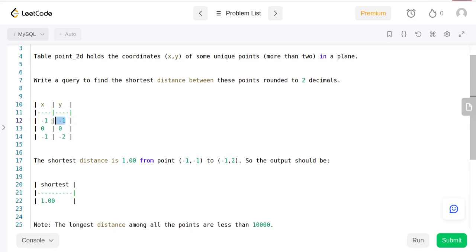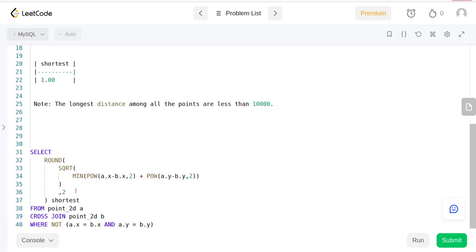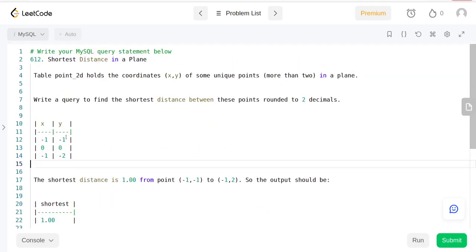So this is going to be joined with all three points, and then this is going to be joined with all the three points, and then this is going to be joined with all the three points. This is the cross join, and the only thing we want to do is ignore the case when a point is joined with itself, because at that time the distance is going to be 0.